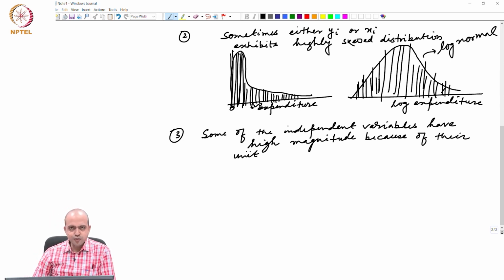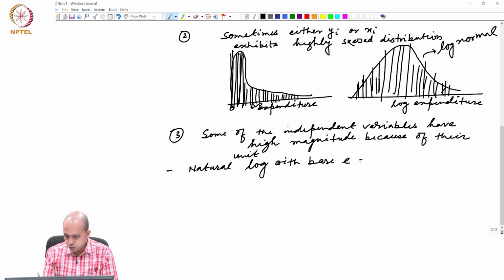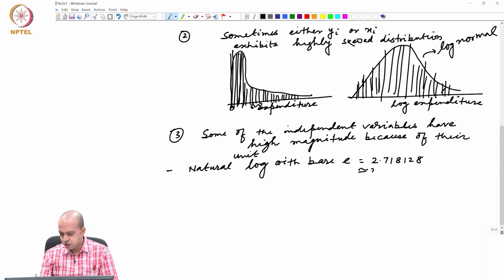And when we transform the variables into log, please keep in mind that here we consider the natural log, with base e equal to 2.718, something like that, or roughly 2.72.